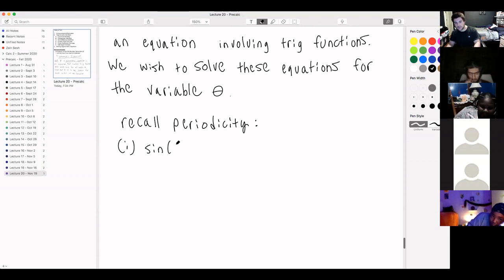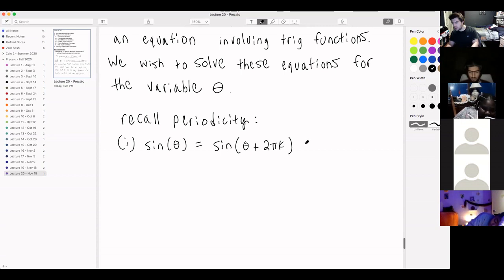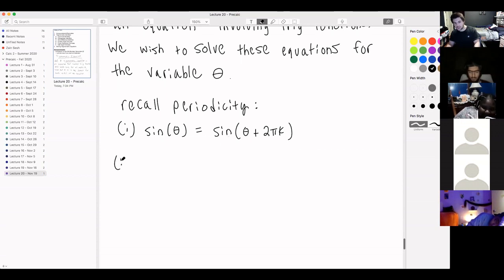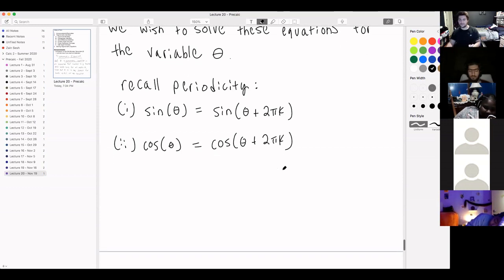So remember, sine of theta is equal to sine of theta plus 2 pi k. And cosine of theta, similarly, is equal to cosine of theta plus 2 pi k.